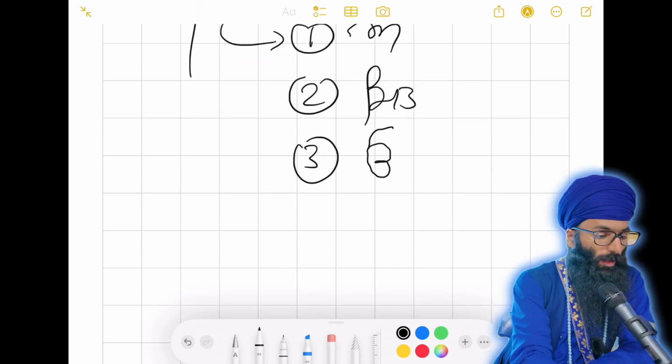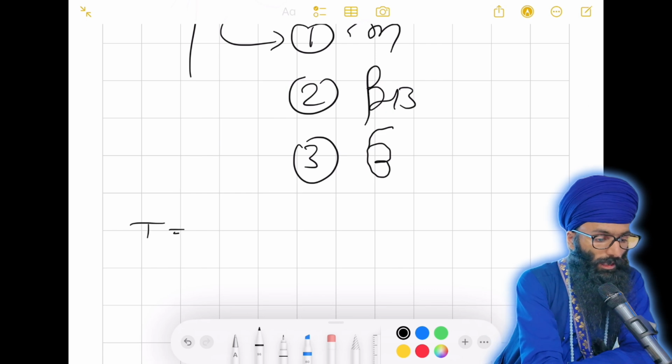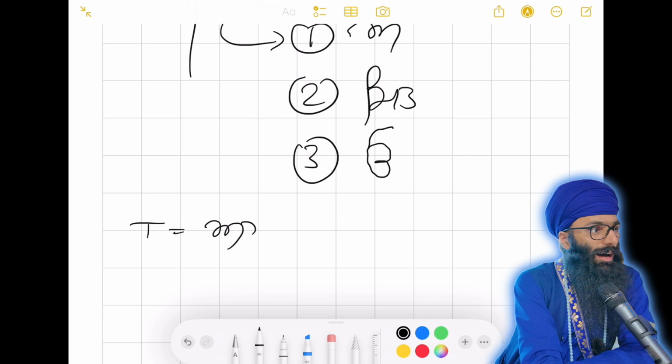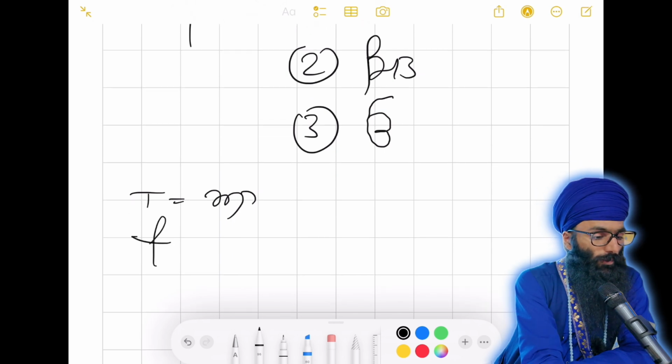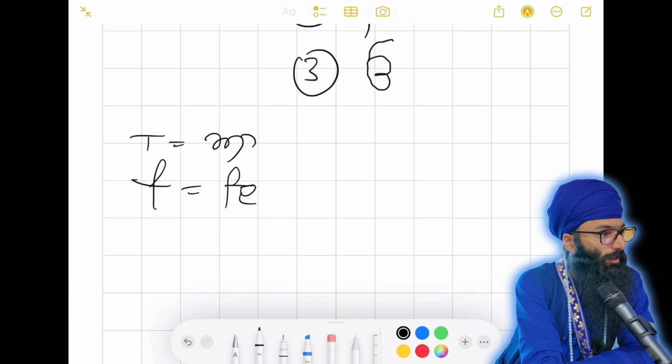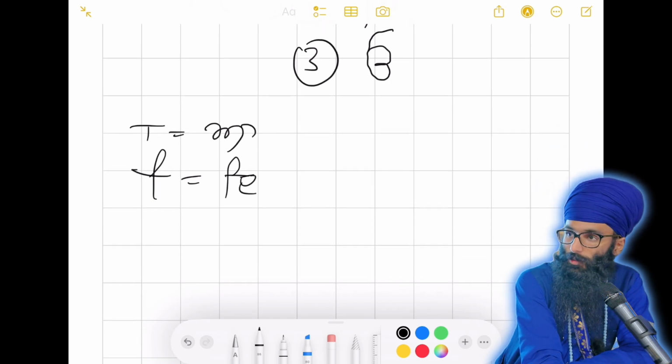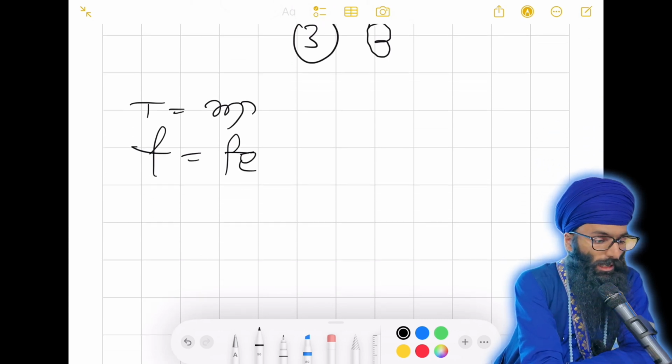For example, a Kanna is represented as Ade Kanna. Sihari is represented as Edi Sihari. Make sense?